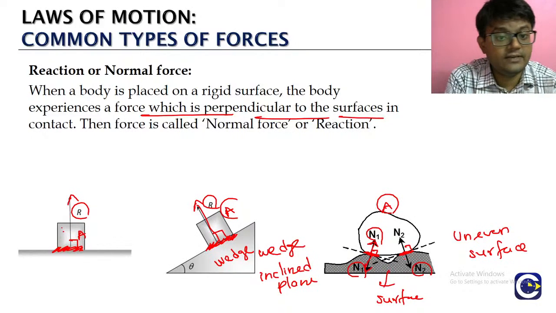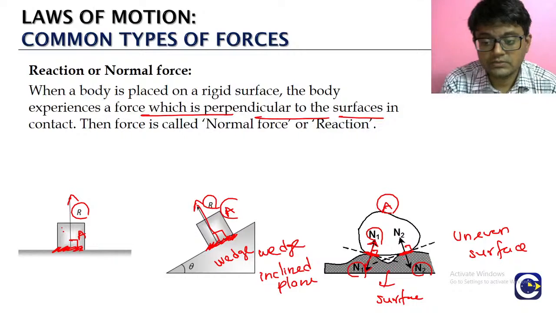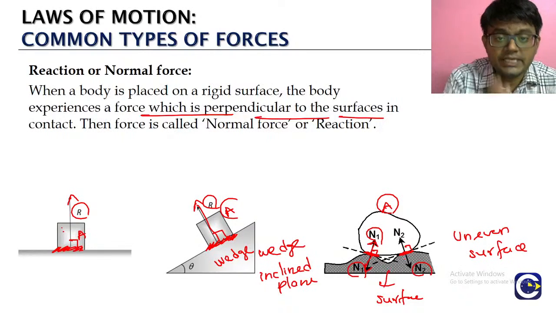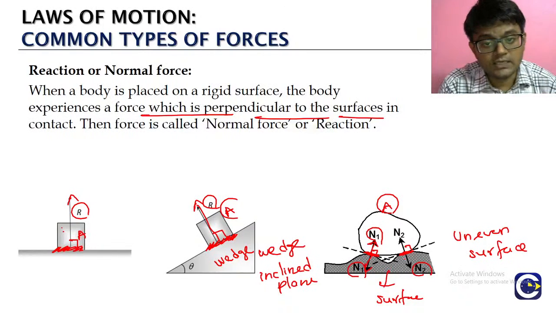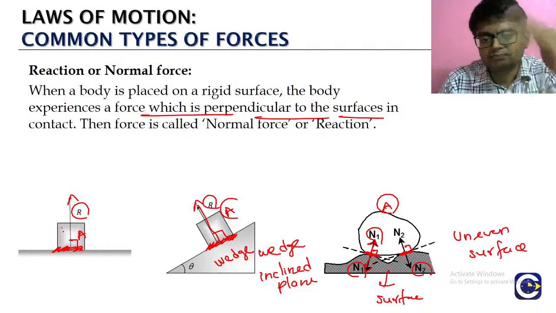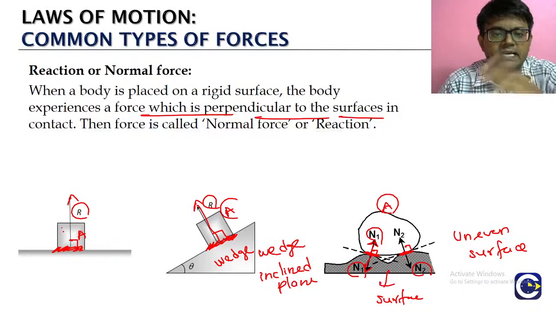That is why they are equal in magnitude and opposite in direction. So the understanding is that the normal reaction can have any orientation. It need not always be vertical. It depends upon how that contact surface is actually kept.